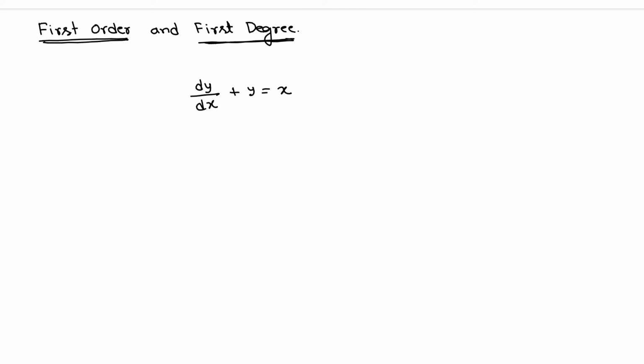Now we have to form the general form of a first order first degree equation. So let's understand using this example, dy/dx + y = x. Actually we can write this equation in this form: dy + y dx = x dx. Yes or no? We can write in this form. Or you can write (y - x) dx + dy = 0.